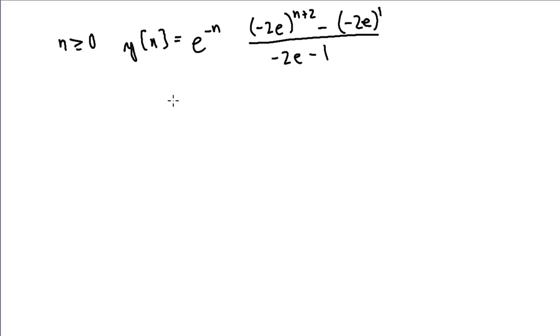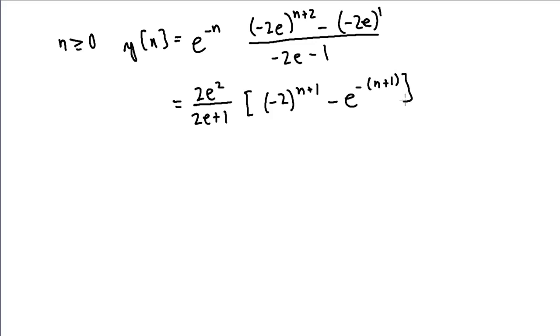With a little algebra I can simplify this a bit, and write this as 2e squared over 2e plus 1 all times minus 2 to the n plus 1 minus e to the minus n plus 1.